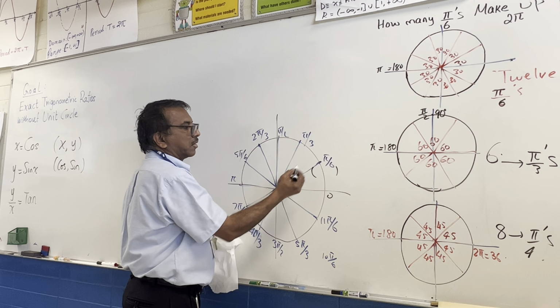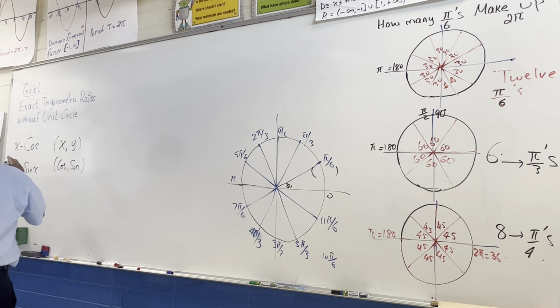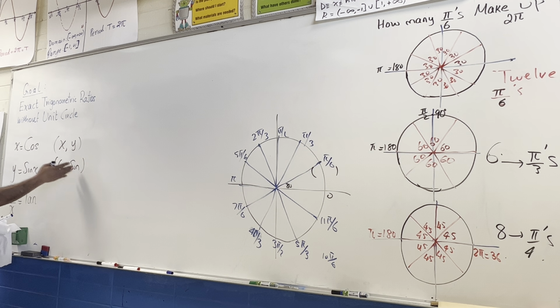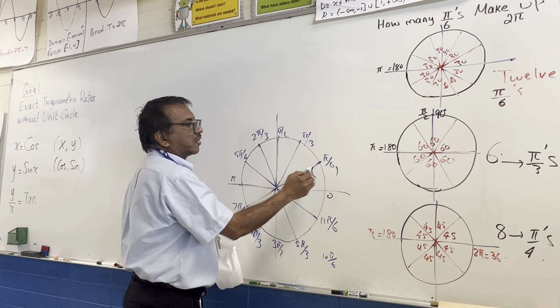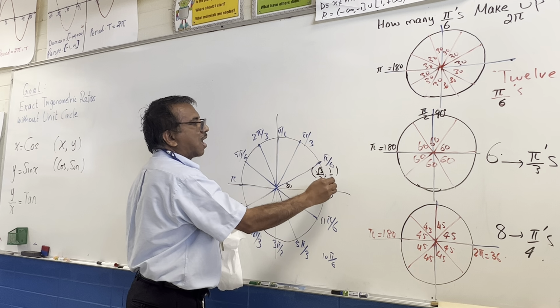So this is 30 degrees. So cosine 30 by definition, x is cosine and y is sine. So if I write x, y, it is the cosine of an angle and the sine of an angle. And we have already seen that cosine of 30 is √3/2 and sine 30 is half.